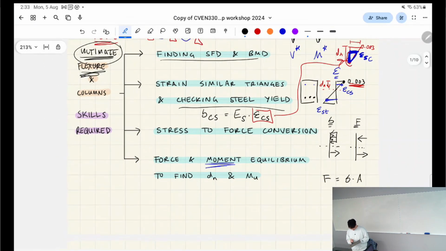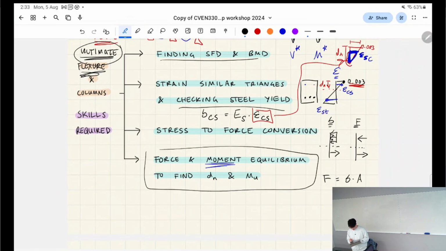All right, and then lastly, we also have the force and moment equilibrium, and that's to find the depth to neutral axis and the ultimate moment specifically. The ultimate moment is basically the moment couple of these forces. It's saying we take the sum of the moments about this neutral axis, and we consider all the forces and then the lever arm.